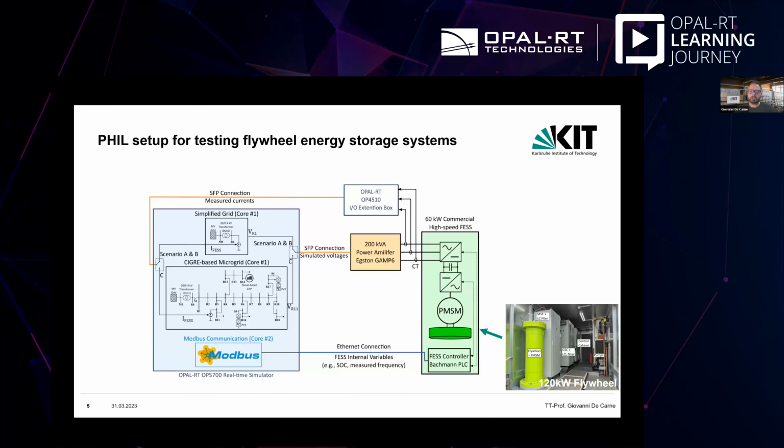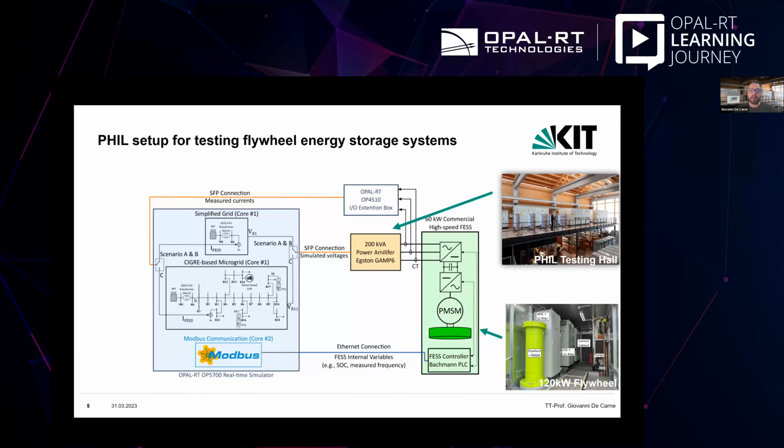This setup is connected to our power amplifier of the Egston family in our testing hall. Then we measure the current of the flywheel with an OPAL-RT extension box, the 4510, and we send this measurement to our simulator.